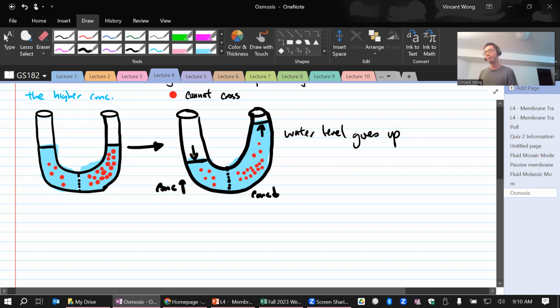You're diluting it by adding more water. Oh, okay. And over here, water level goes down. This will continue to happen until the concentrations are the same. Sorry, I didn't know that was a confusion.